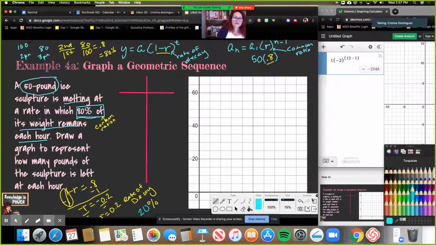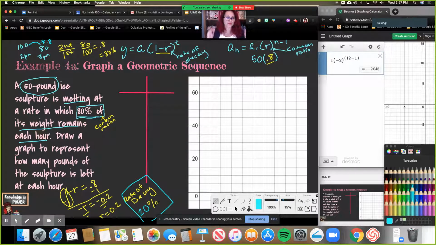And if you think about it, we start off with a 100-pound ice sculpture, and 20 pounds of it melted away. That's your rate of decay. So do you see that the common ratio is the number that we have to multiply by, so that's multiplying by 0.8. The rate of decay is how much of it is actually going away. Well, it's 20% that's going away. Do you see the relationship between the two?